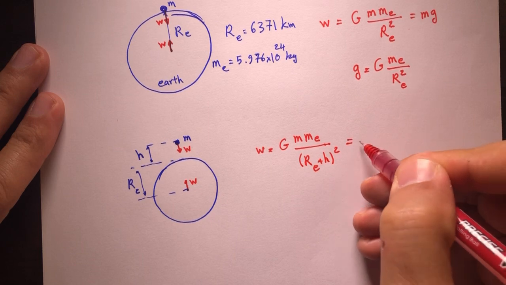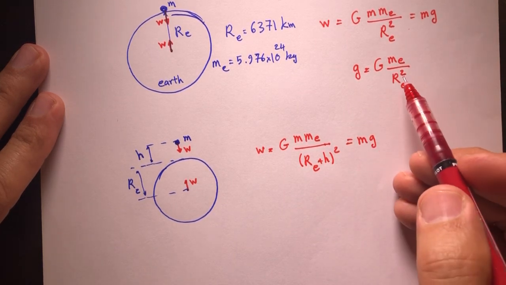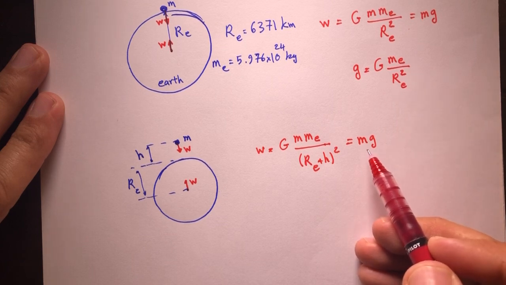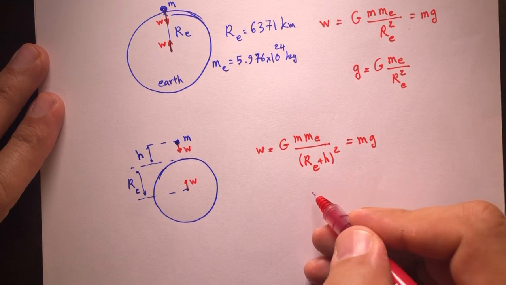And again, if I want to show this with mg, this g is not going to be 9.81 anymore, because the denominator is a totally different thing here.